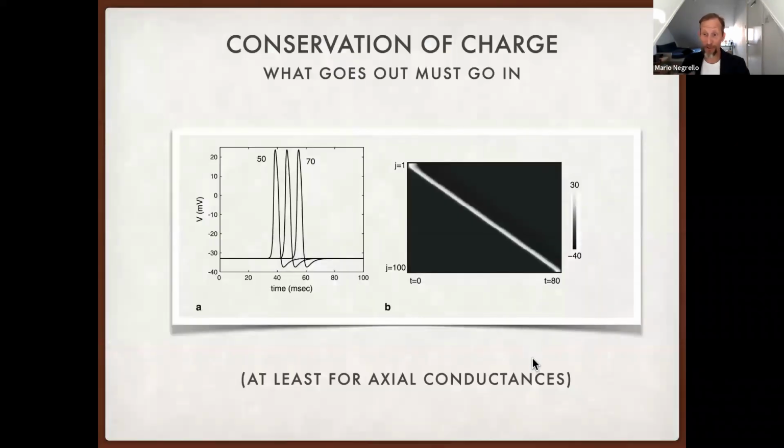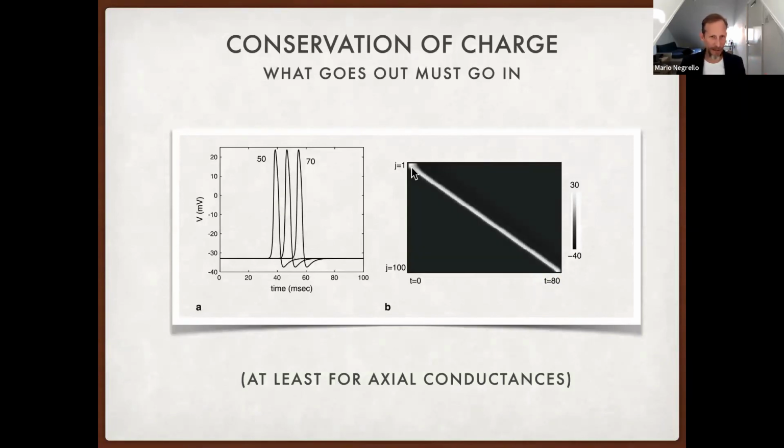So in principle, we are simply assuming that there's conservation of charge. What comes in, comes out. If you have a discretized axon divided into many compartments J, and you have time T, if you start an action potential at the first compartment, J1, it propagates via charge to all of the connected compartments without loss, at least in the axial dimension.